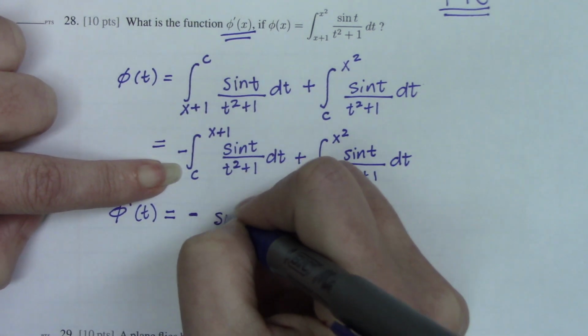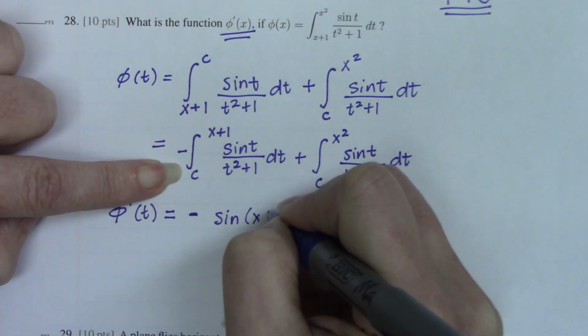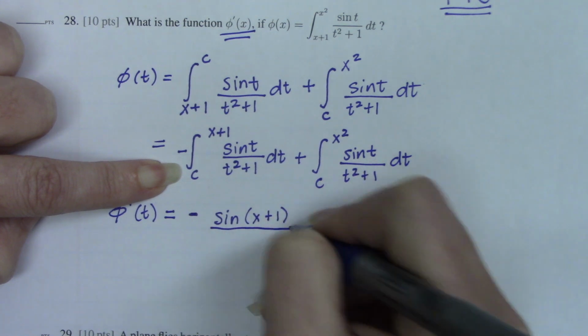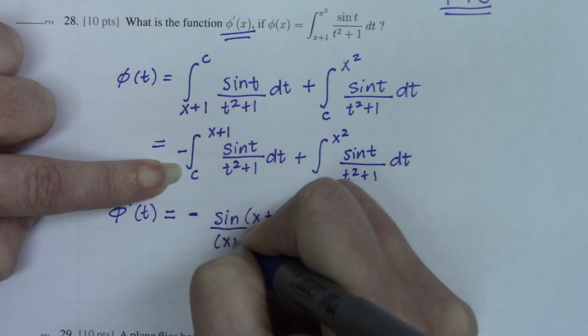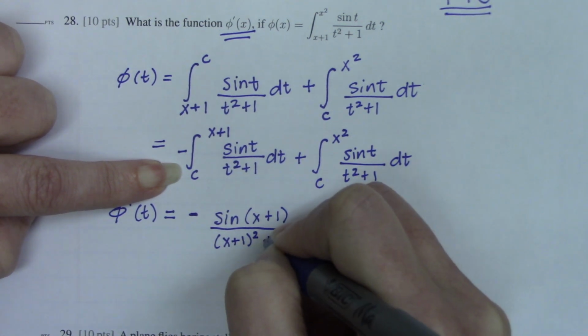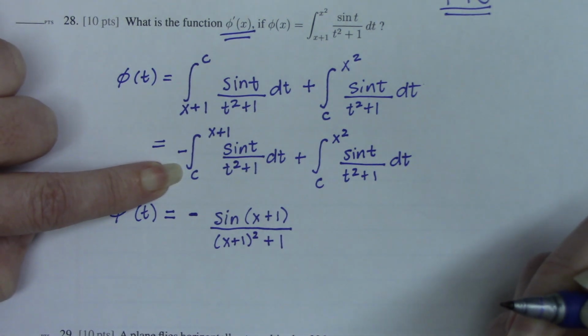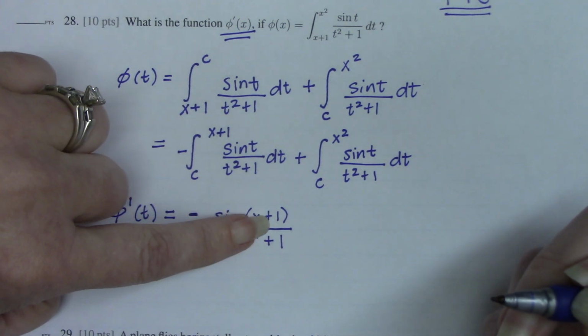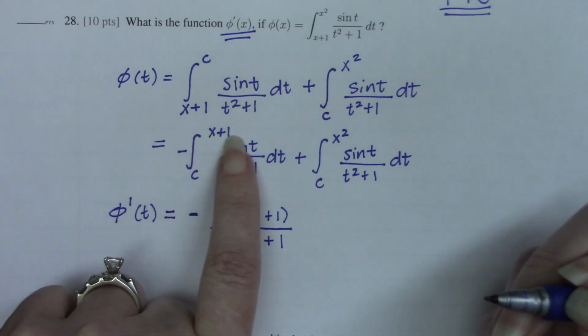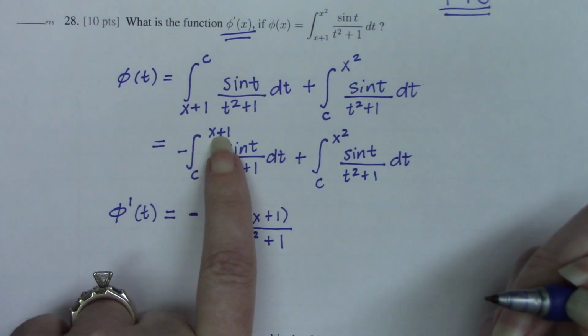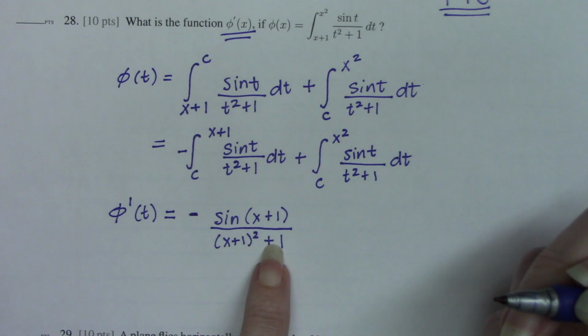So this is sine of x plus 1 over x plus 1 squared plus 1. Then you multiply this by the derivative of this expression, and the derivative of x plus 1 is just 1. So that's it. It's a very direct path to take the derivative in this situation.